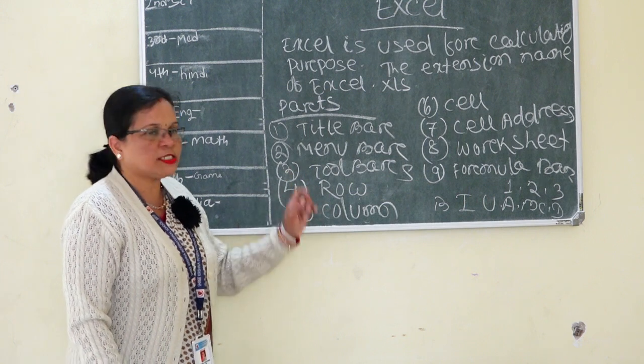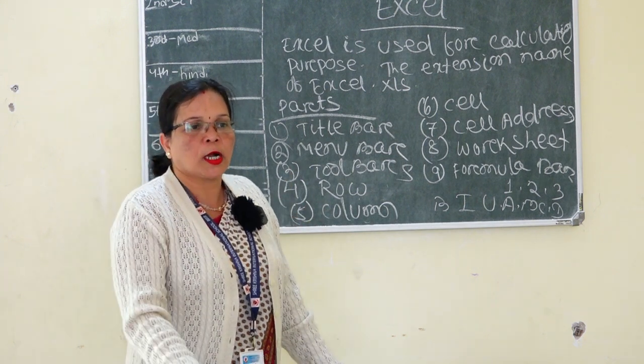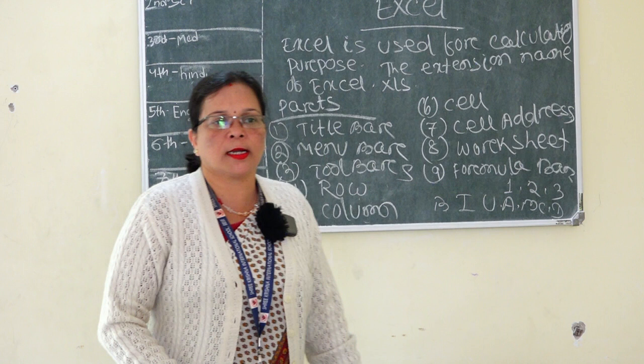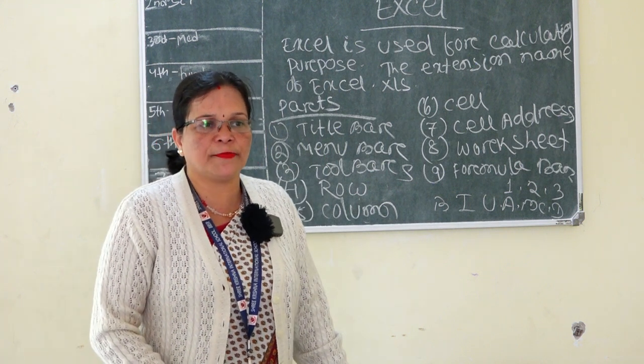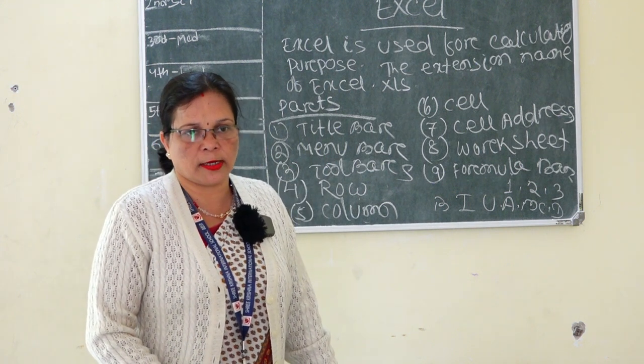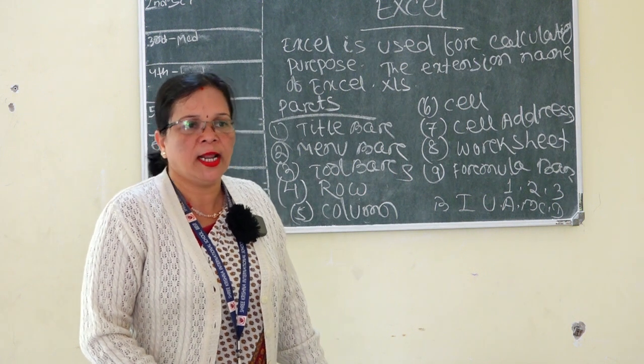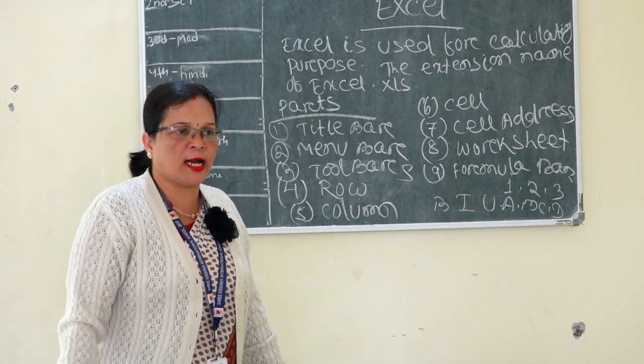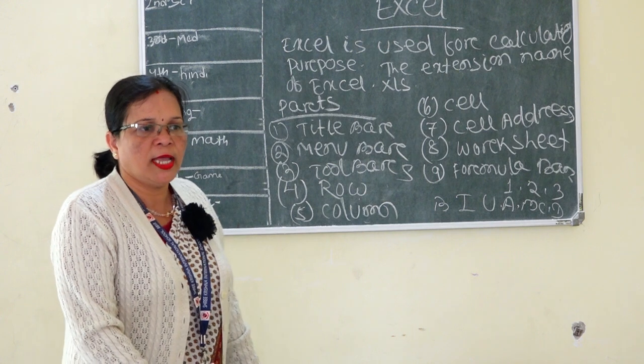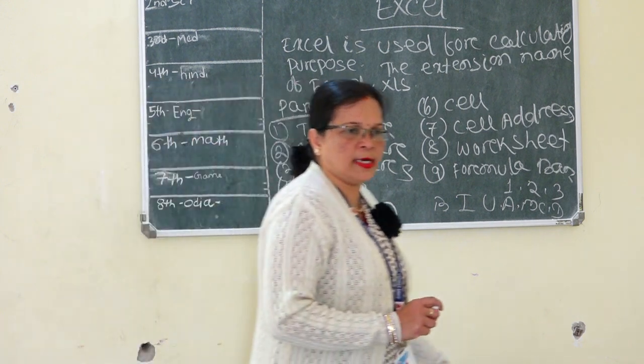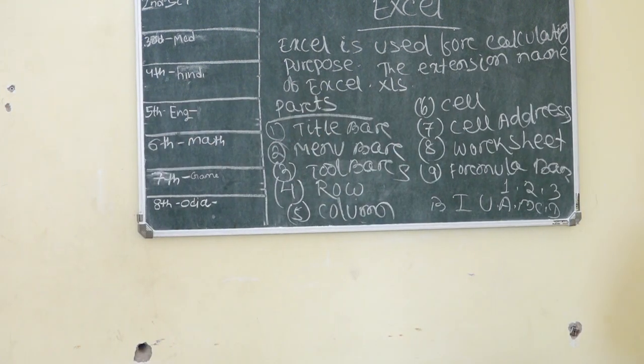Then what is cell? Cell is a combination of row and column, just like the definition of table in MS Word. What is the definition of table? Table is a combination of row and column, and cell is also a definition of row and column. Then what is cell address?